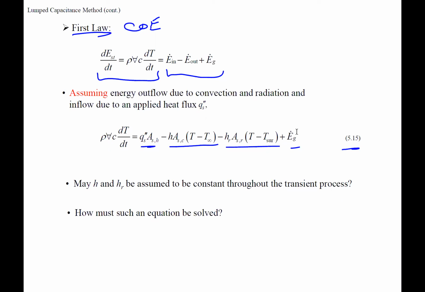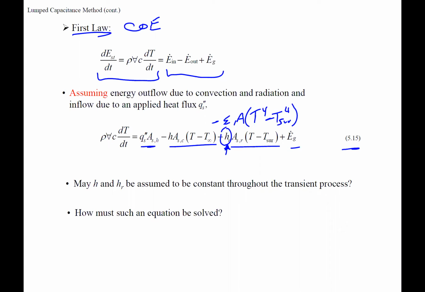They show it with HR here, but in reality, the radiation HR has temperature terms, and because that parameter depends upon the temperature, you have this T to the 4th.